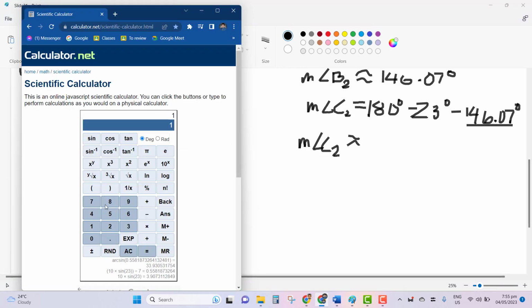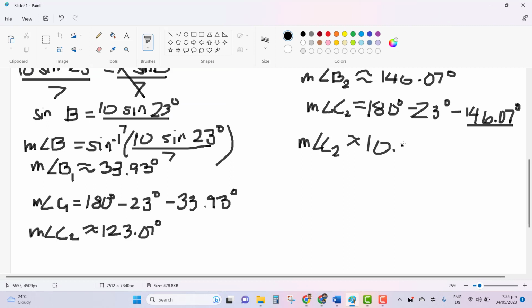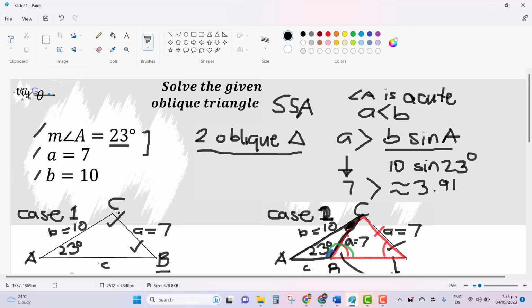So you have 180 degrees less 23 less 146.07. So you have approximately 10.93 degrees.